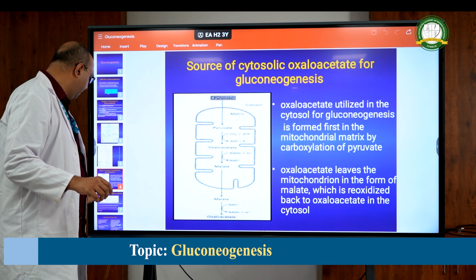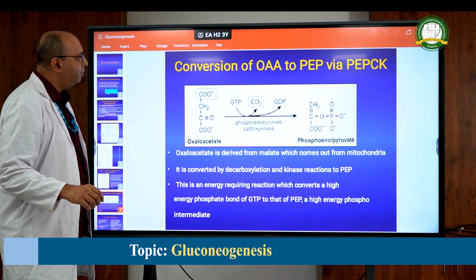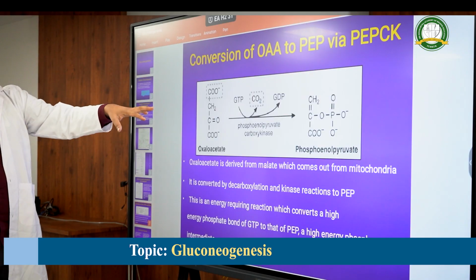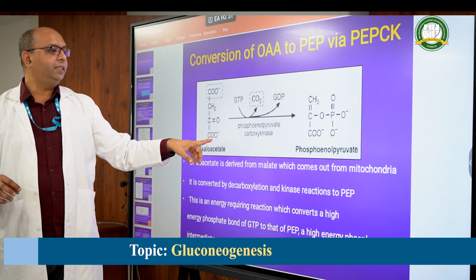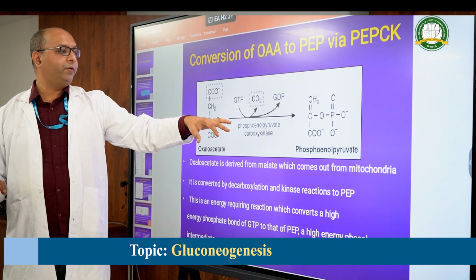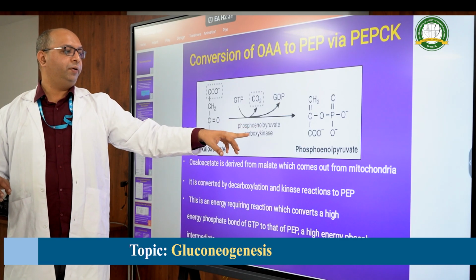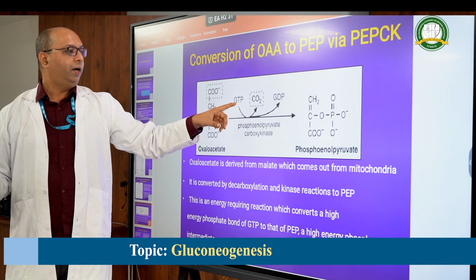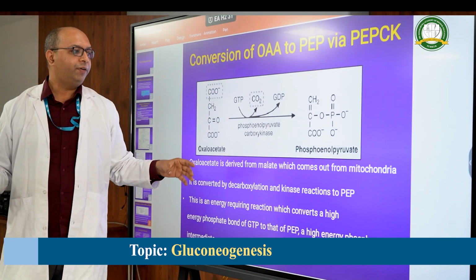I will not go into detail here. Conversion of oxaloacetate to phosphoenol pyruvate, the same has been explained in detail. Oxaloacetate will be converted to phosphoenol pyruvate by PepCK, phosphoenol pyruvate carboxykinase. It requires a GTP and a carbon dioxide will be puffed out.